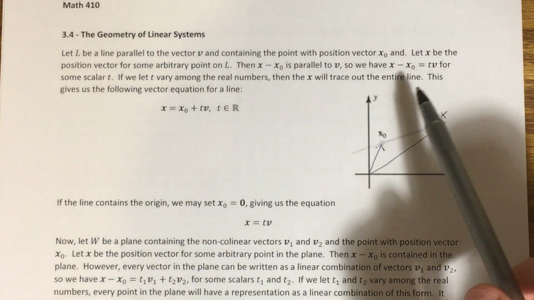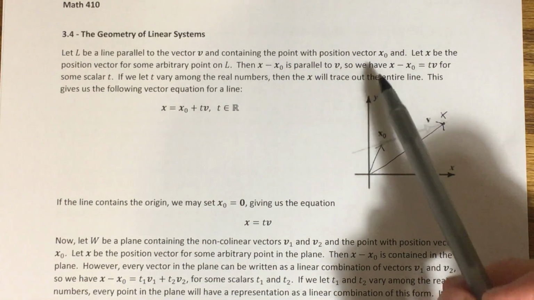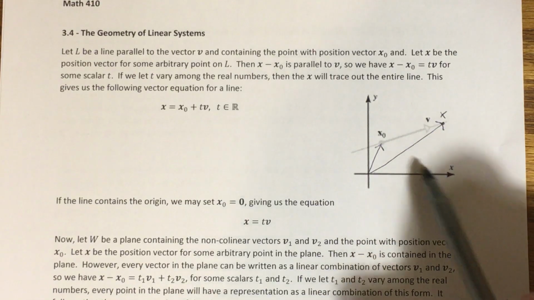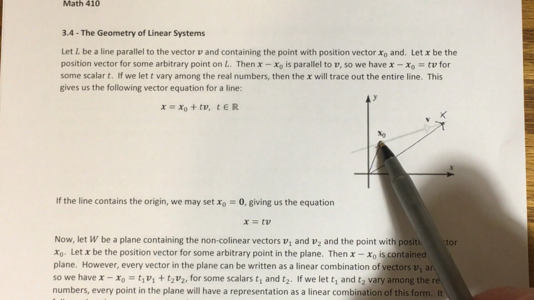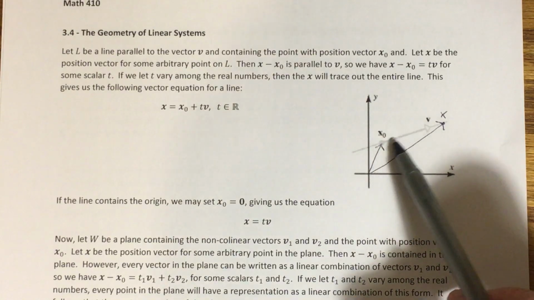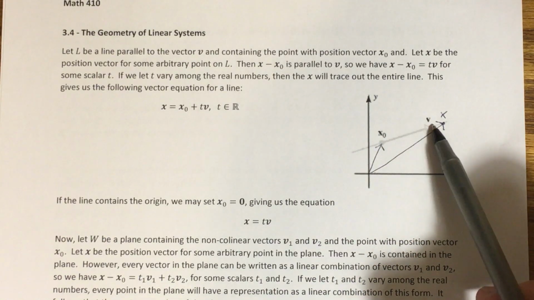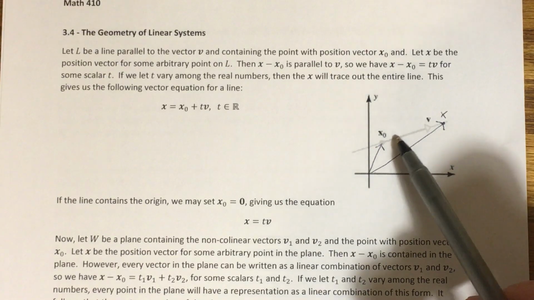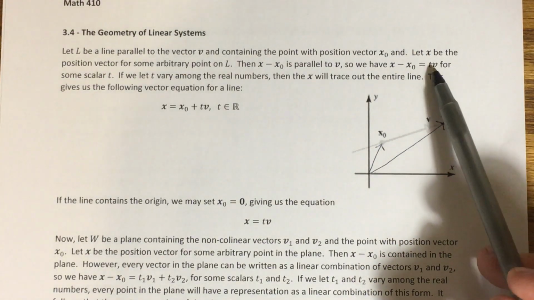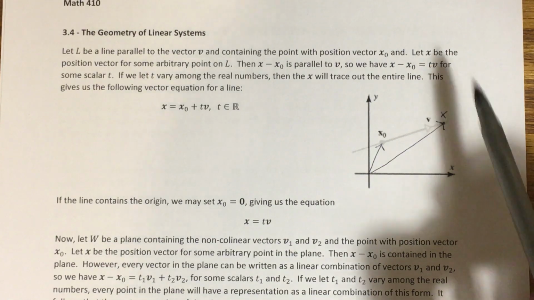So the vector x minus x naught would be parallel to that line, which we can see because the initial point would be here at x naught and the terminal point would be here at x. The vector would be completely on that line, which would imply that it's parallel to the vector v, because v is also on that line or parallel to that line. So that means that we could write x minus x naught equals tv for some scalar t.